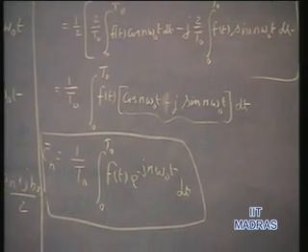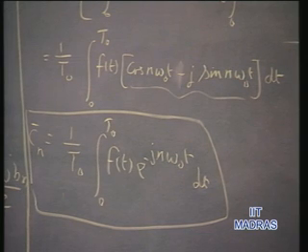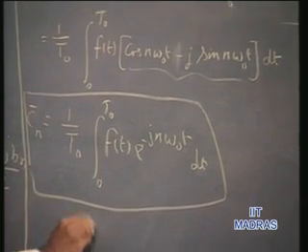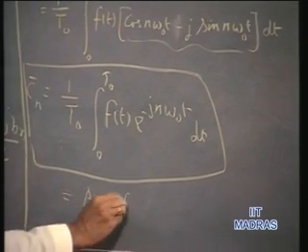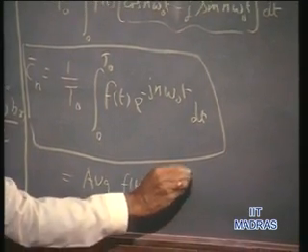So the integral that needs to be carried out to evaluate Cn is like this. This is really the average of f of t multiplied by e to the power of minus j n omega naught t.